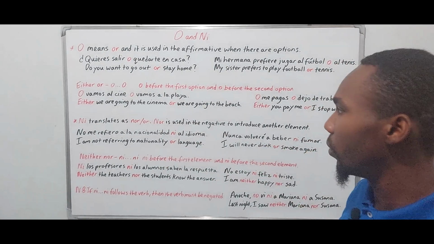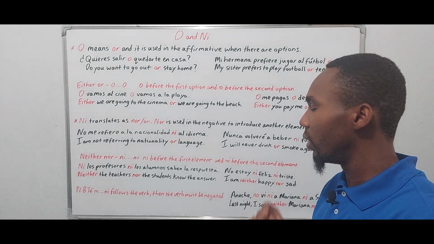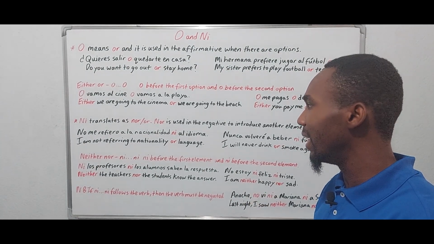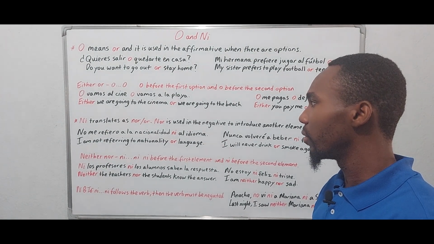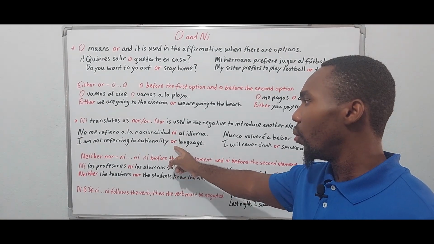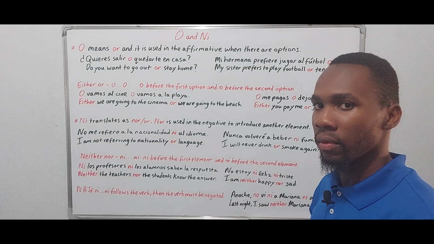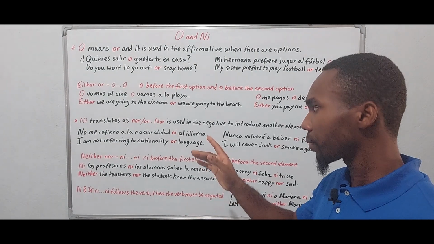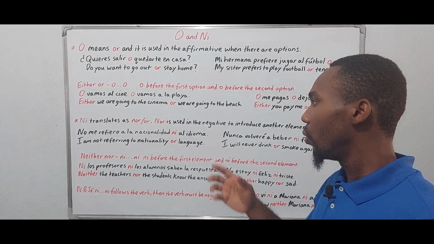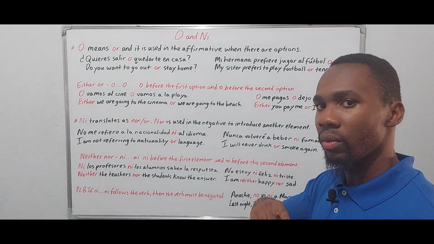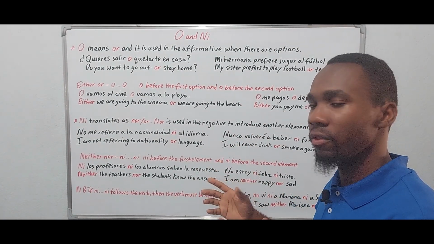But you notice that I had nor or, right? So let's see what I mean. No me refiero a la nacionalidad ni al idioma. I am not referring to nationality or language. We can use or here, well, at least in the translation, because the verb is negated. In English, if the verb is negated and we are talking about options, even if we're in the negative, we can use or here.